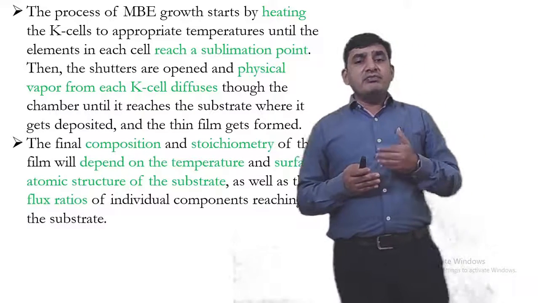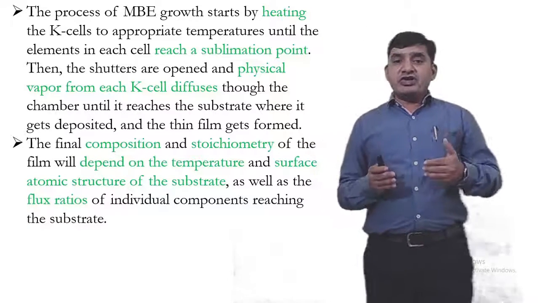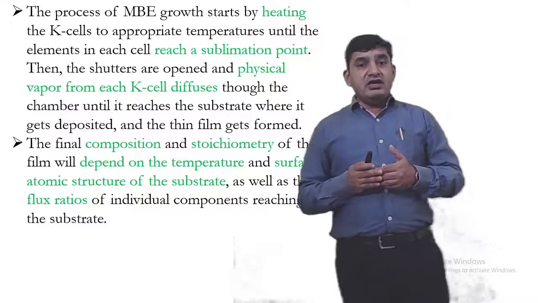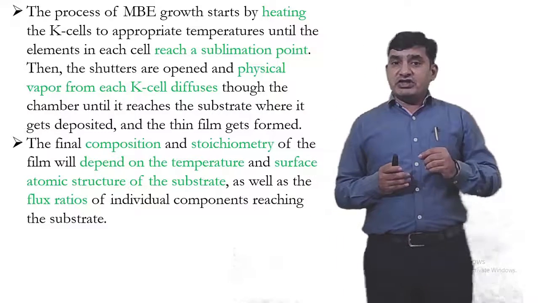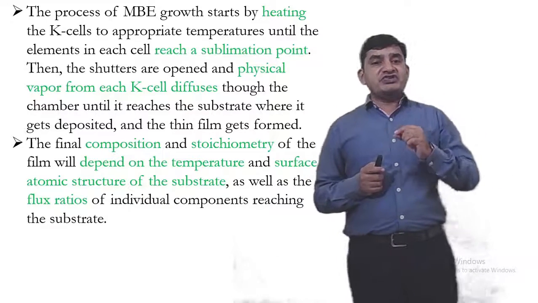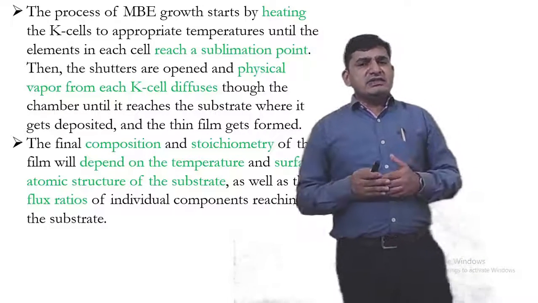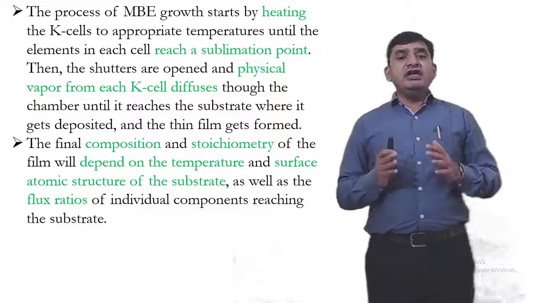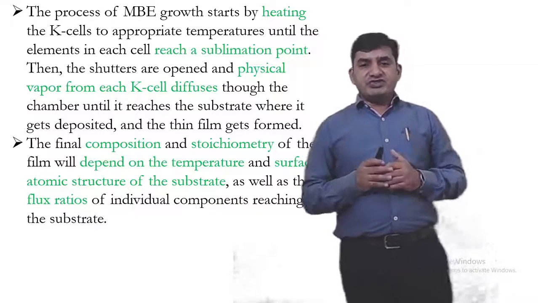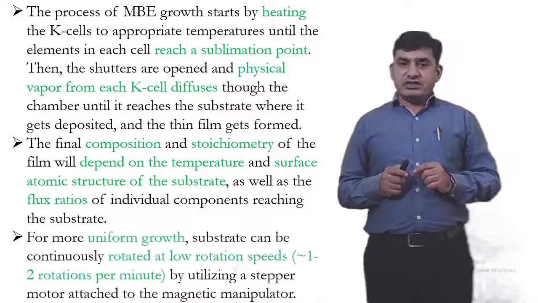The final composition and stoichiometry of the film depend on the temperature and atomic structure of the substrate, as well as the flux ratio of individual components reaching the substrate.